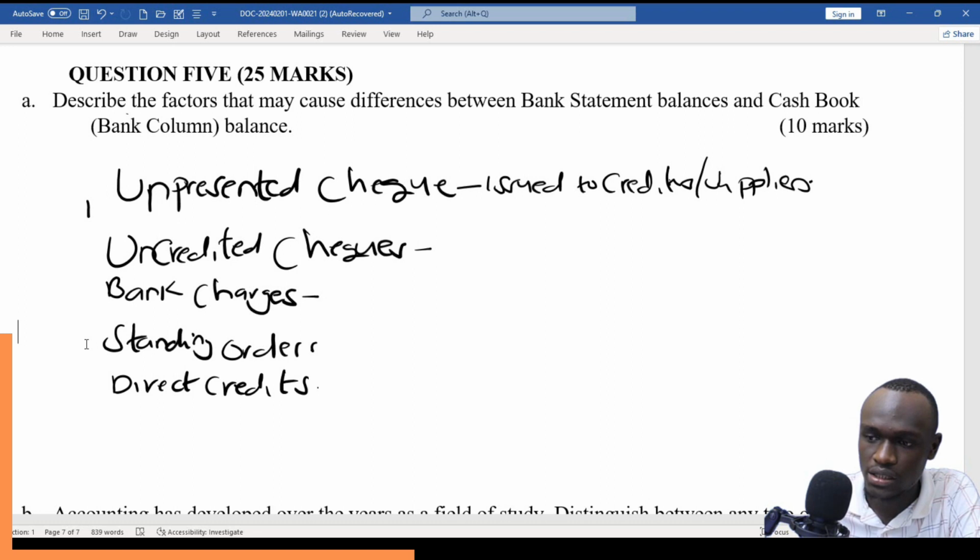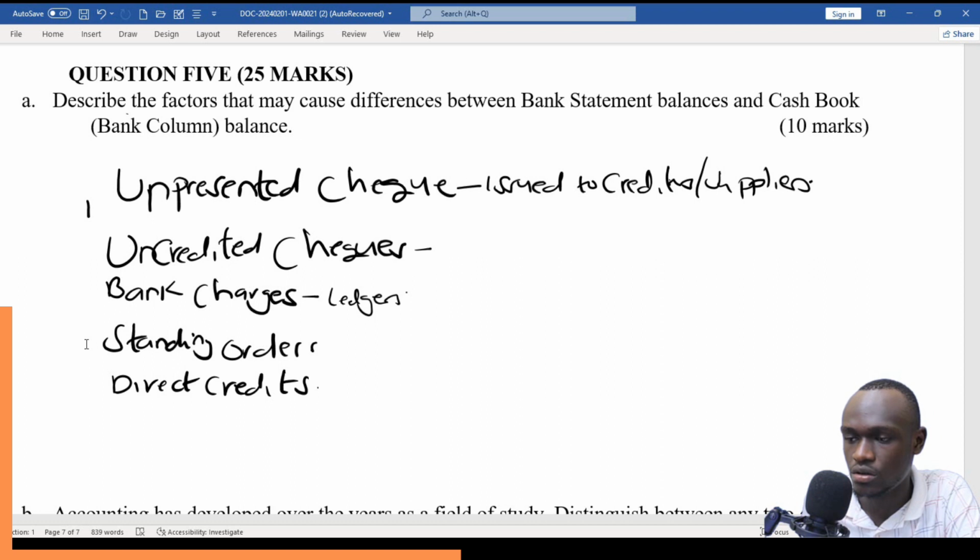So bank charges happen when the bank debits the account of the business. Bank charges can be checkbook charges, ledger fees, commission, or even interest charged on overdraft or on loans.